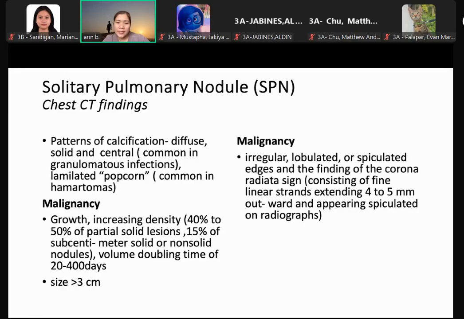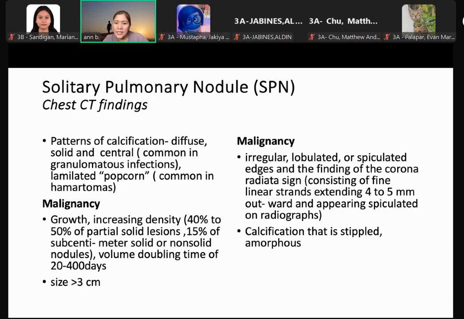So when we say malignancy, be sure to note in the CT scan findings: irregular, lobulated, or spiculated edges and finding of corona radiata sign consisting of fine linear strands extending 4 to 5 millimeters outward and appearing spiculated. This word, spiculated. So when we say spiculated, consider it malignancy already.